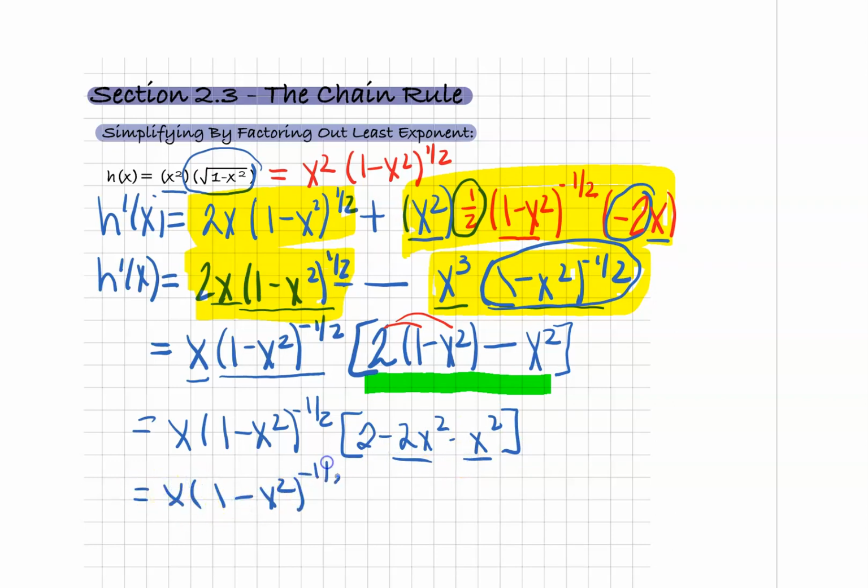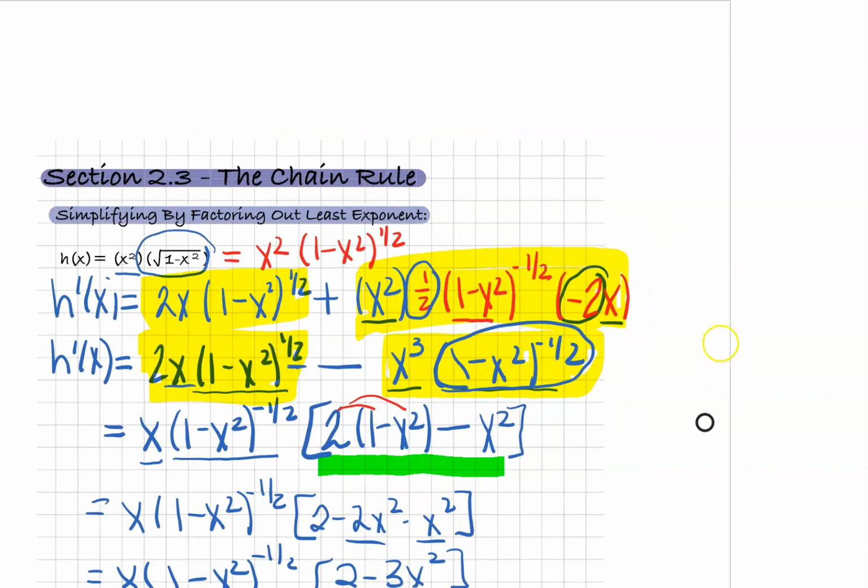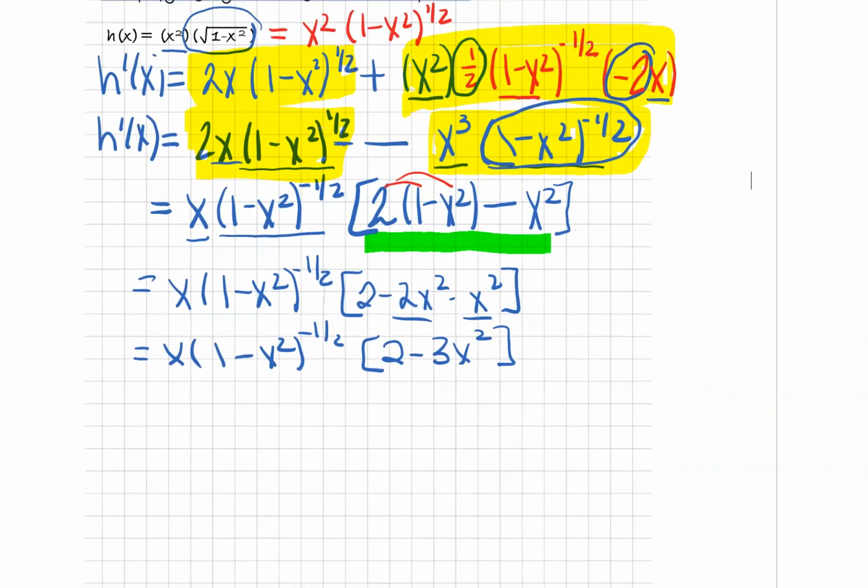Just bringing this first part down. So it gives me 2 minus 3x squared. And then, as we stated in other problems, we want to make sure we don't leave any negative exponents. And so this leaves me with x, 2 minus 3x squared, all over, move that back on bottom, 1 minus x squared to the 1/2, but let's go ahead and put that square root back on it.